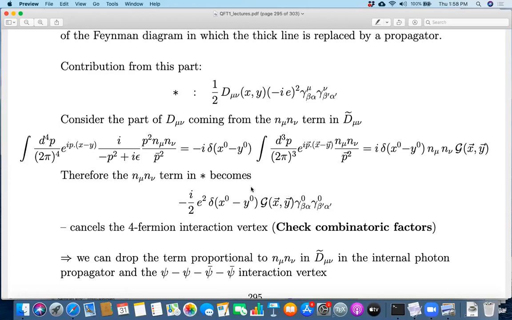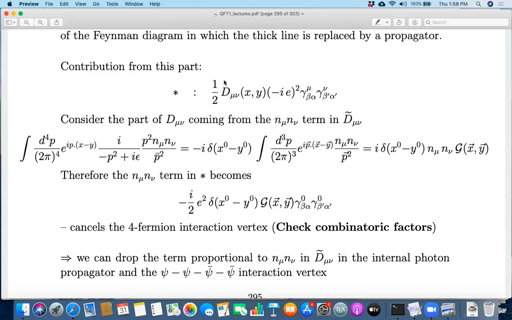What you showed, isn't it just for internal vertices? Yes, indeed. But this replacement will be done for the internal propagators, not for the external propagators. In a Feynman diagram, suppose you have external photons, then you have d tilde mu nu on the external lines, they will remain the full d mu nu, and that will have the n mu n nu term.